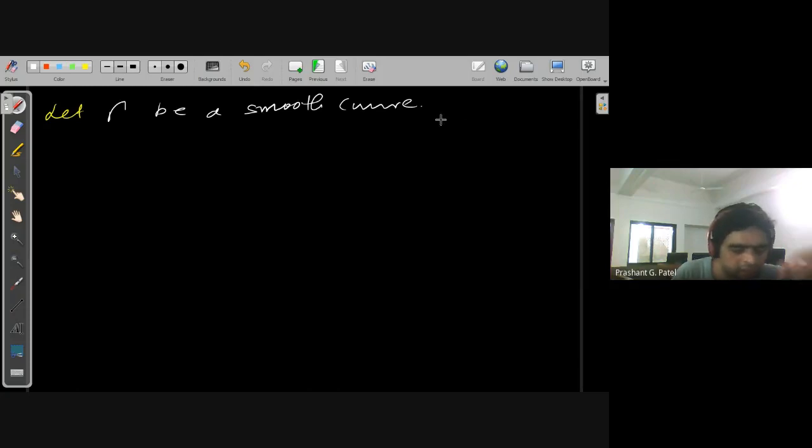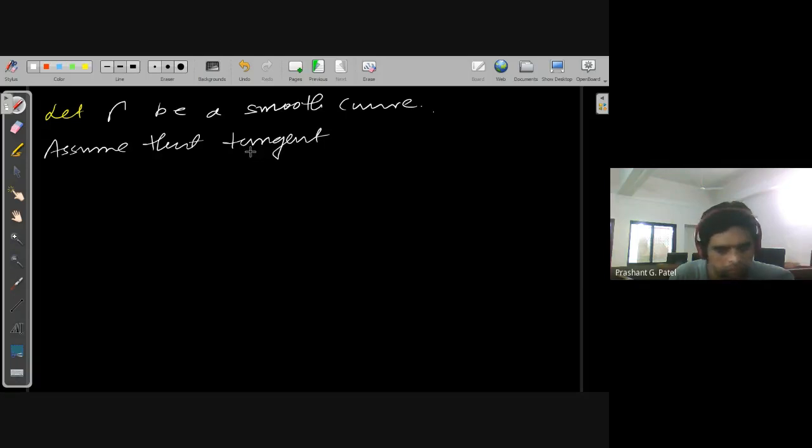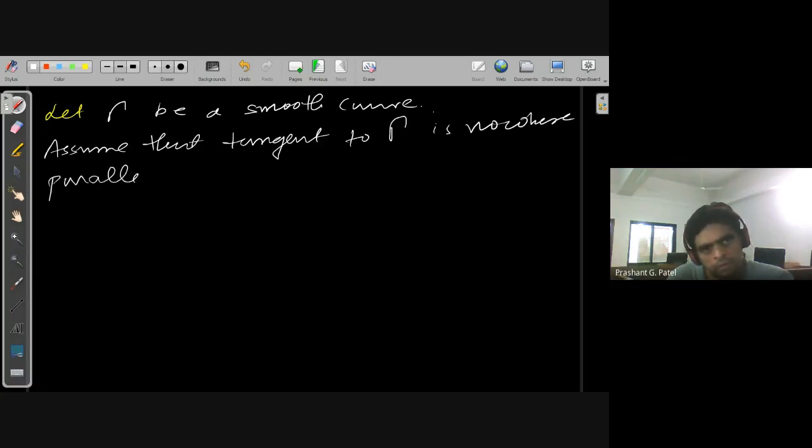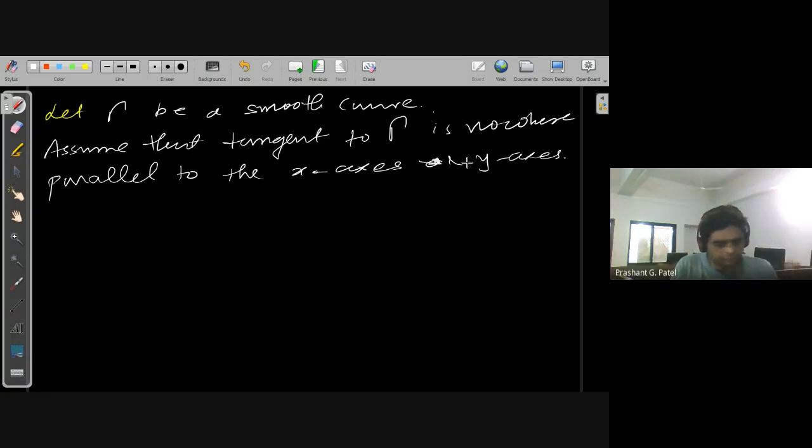We assume that the tangent to this gamma is nowhere parallel to the x-axis or y-axis. So it is not parallel to these.